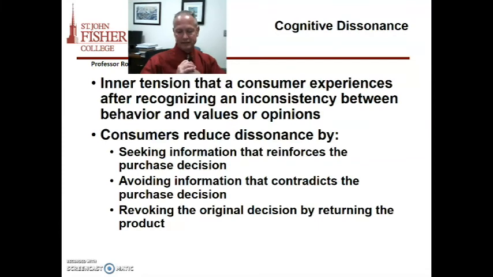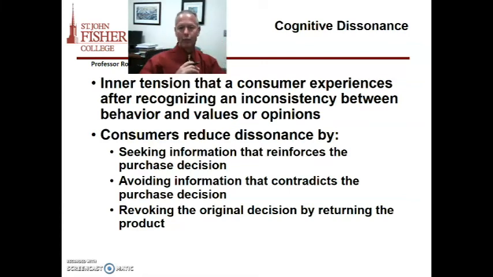Cognitive dissonance is what we call buyer's remorse, or the inner tension that a consumer experiences from the inconsistency of their need-want gap. Cognitive dissonance happens when you purchase something and you don't like it. Oftentimes it's a major purchase. It can also happen when you purchase something and somebody says something negative about it.